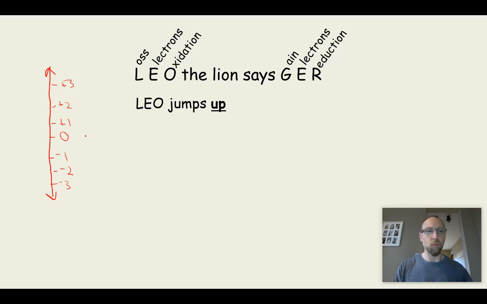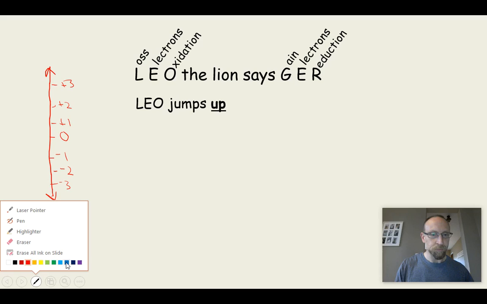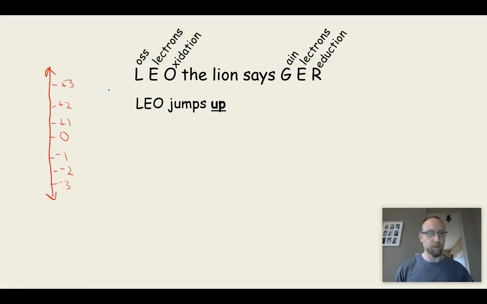So just think about kind of where you are. If I'm at 0 and I lose one electron, I'm going to go to +1.